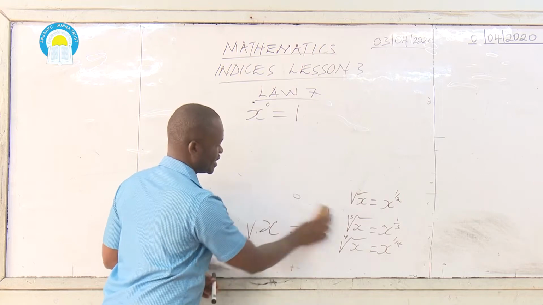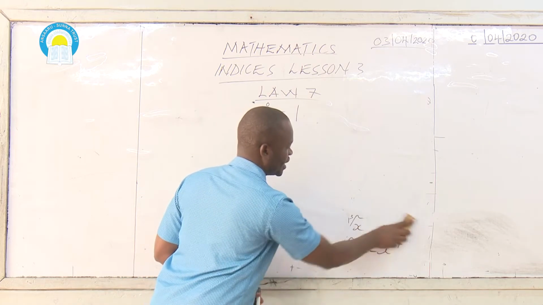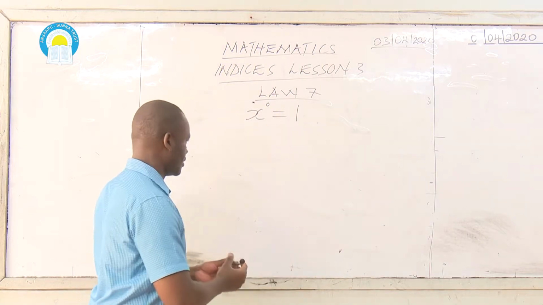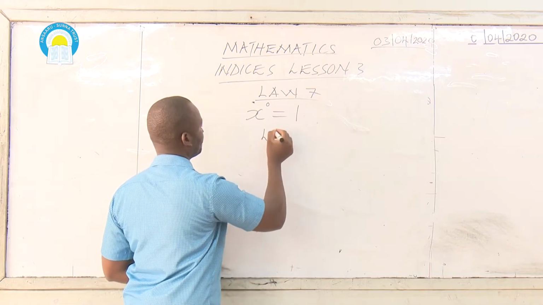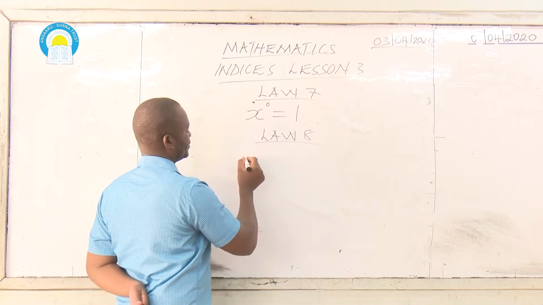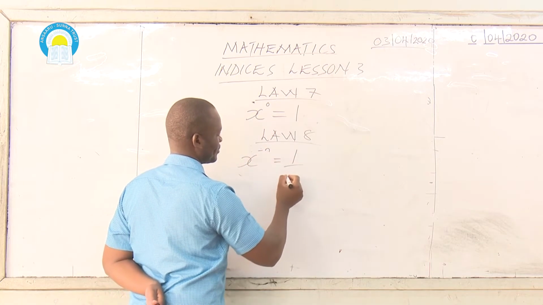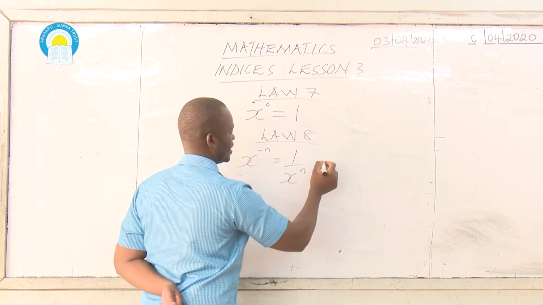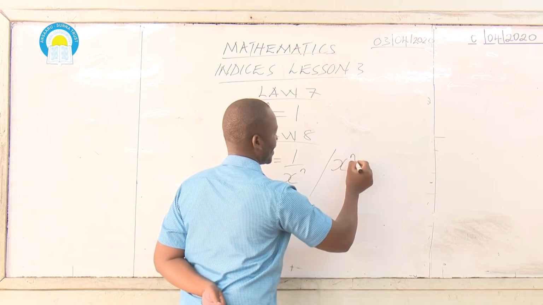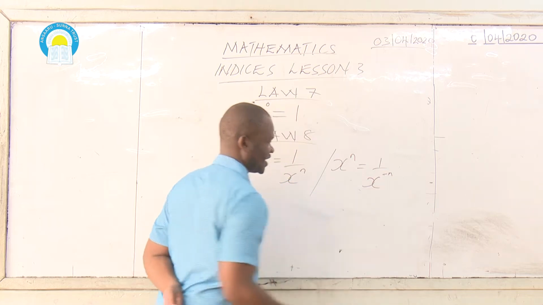Then we went to law number 8. Law number 8 was the negative index law. We said x raised to power negative n is the same as 1 over x power n, or x power n is the same as 1 over x power negative n.